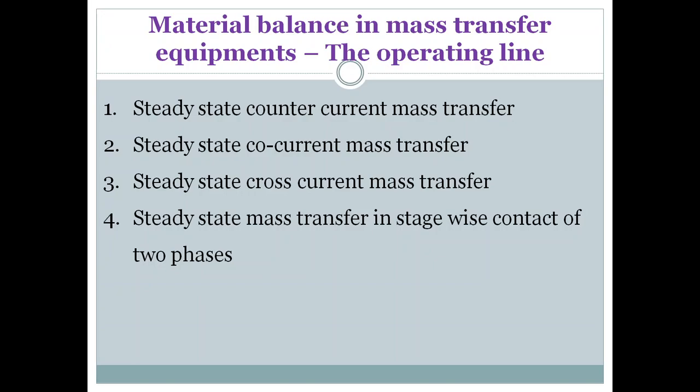But if you take mole fraction, the concentration unit, then it will be L and G, and L and G will continuously change, and therefore the slope will change. Now I think you understand the advantage of using capital X, capital Y, the mole ratio concept, in calculating our operating line.